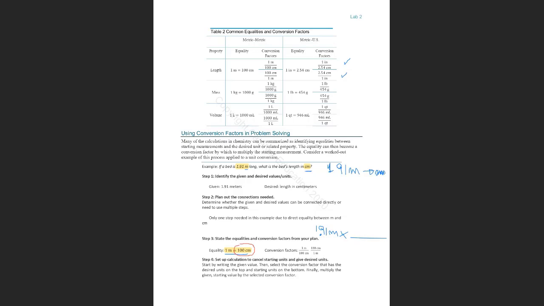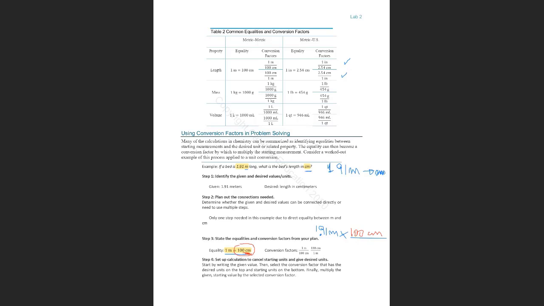I look, to the right of the equal is centimeters, and centimeter is what I want, because if we look up, we want to convert this meter into centimeters. So whatever has the centimeter goes up, 100 centimeters.